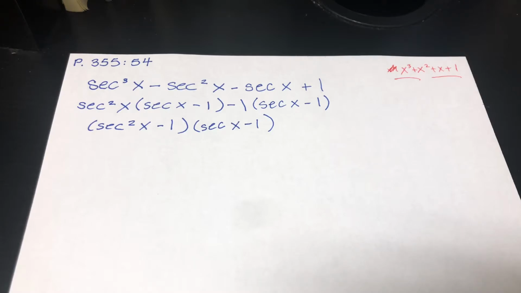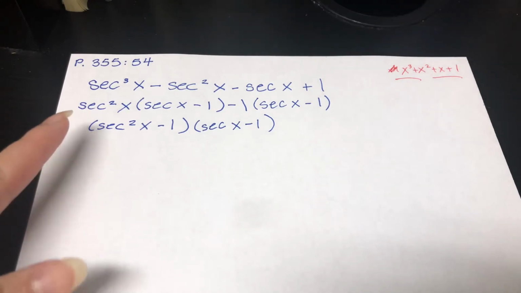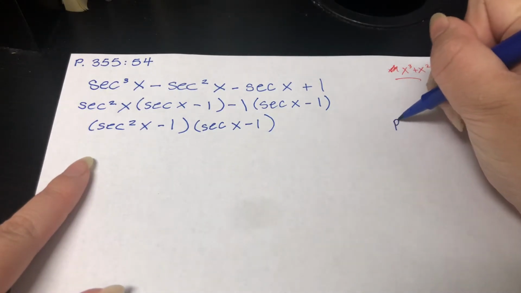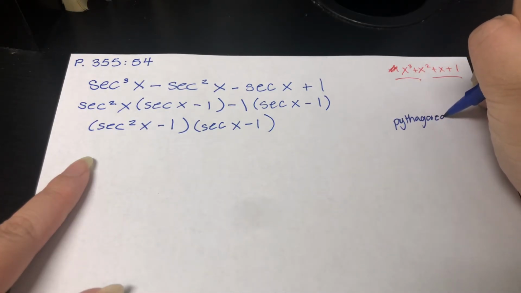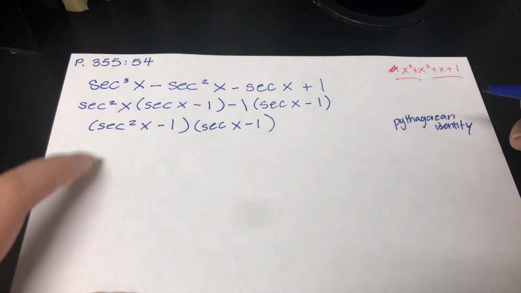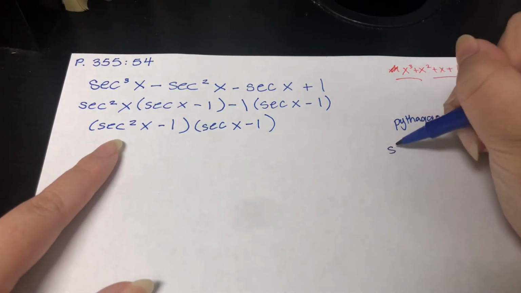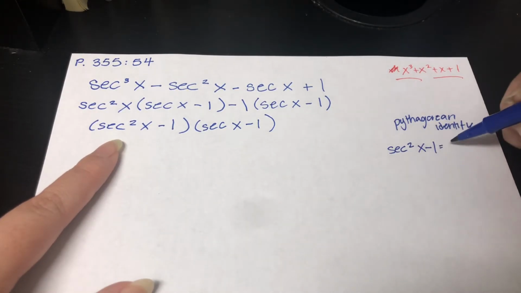If we remember from our helpful hexagon, this one is part of the Pythagorean identity, in which secant squared minus 1 is equal to tangent x squared.